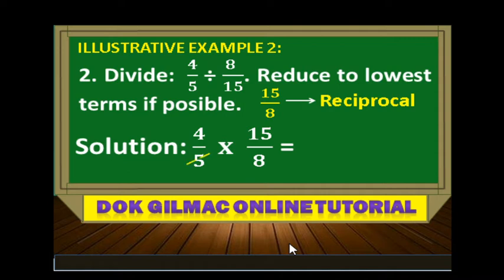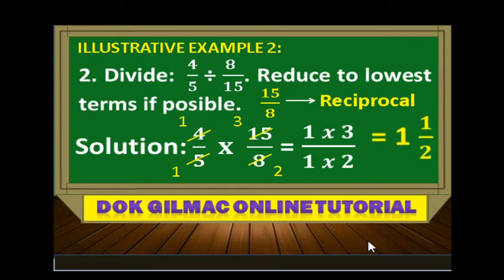So we have 5 divided by 5 is 1. 15 divided by 5 is 3. 4 divided by 4 is 1. 8 divided by 4 is 2. So from here, we have 1 times 3 all over 1 times 2. This is just equal to 3/2 or simply 1 and 1/2.